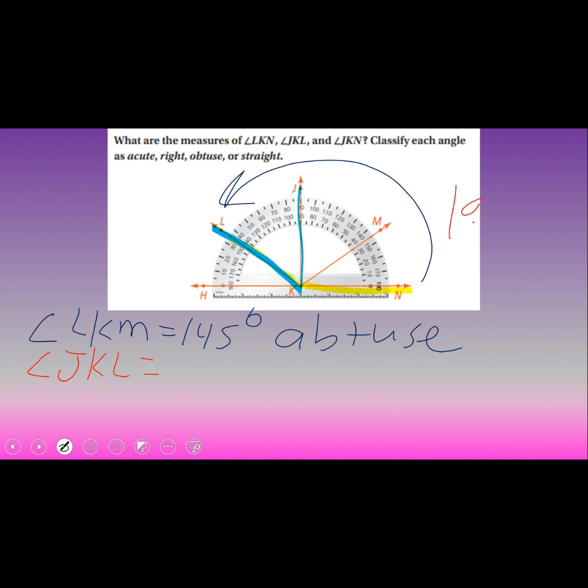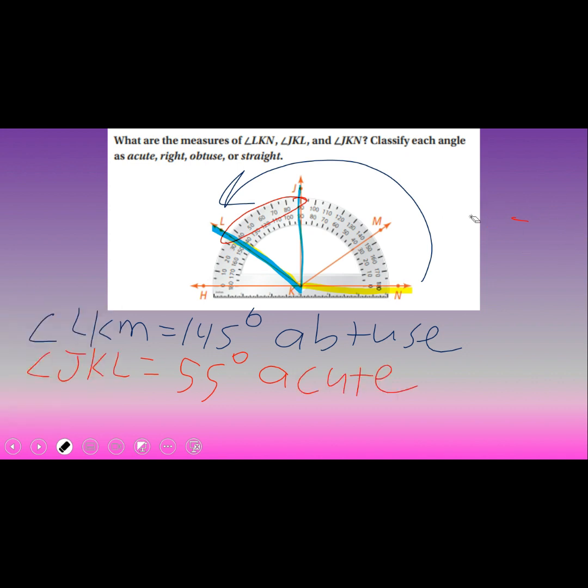Okay. So we're going to do 90 minus, so we're doing the top rows here on this one, minus 35. Okay. Remember, no negative measurements in distance. 90 minus 35 gives us 55, so it is 55 degrees. And since it's less than 90, it is acute.